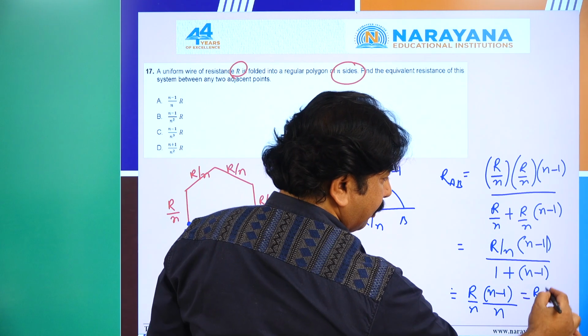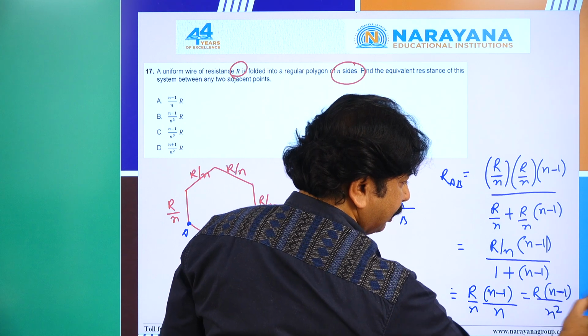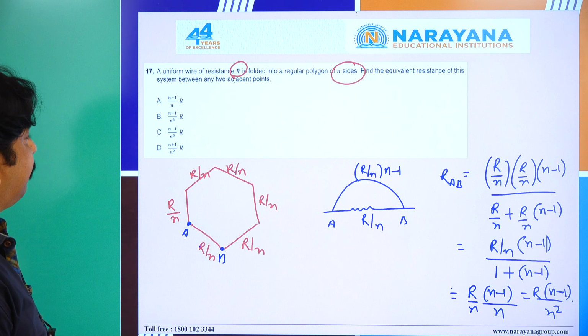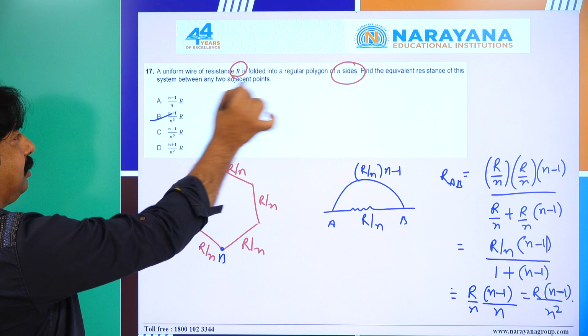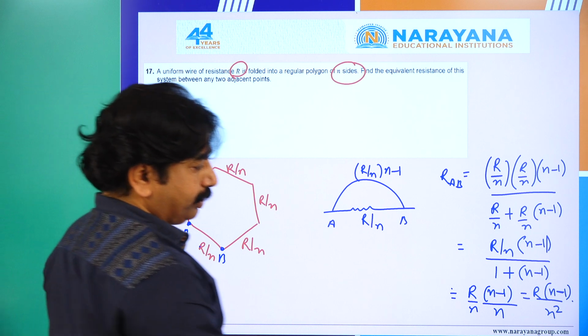So R of n minus 1 by n square is the answer here. That is the B option. Now we are going to the next question.